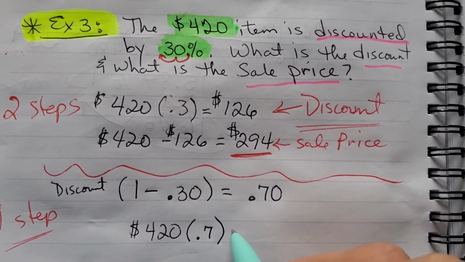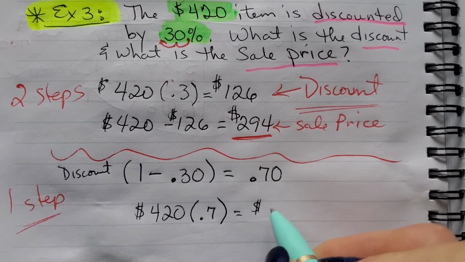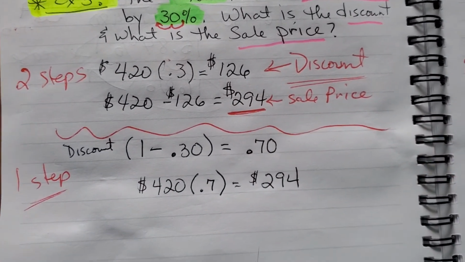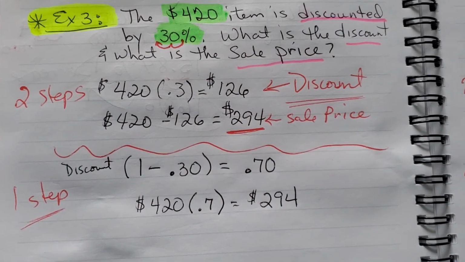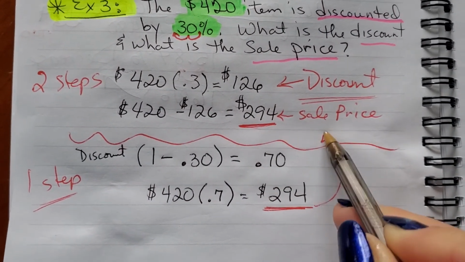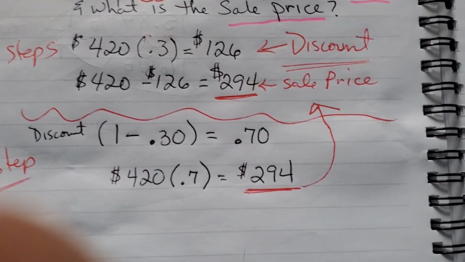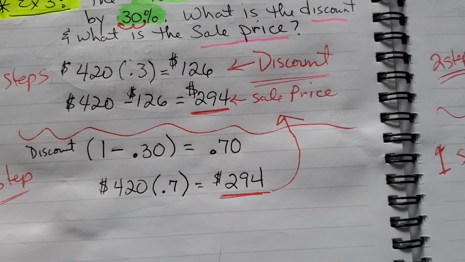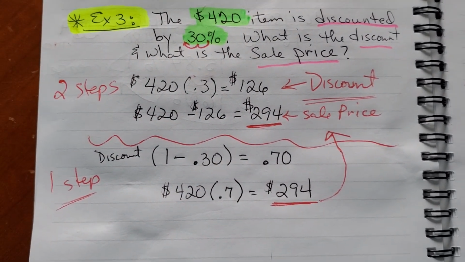And guess what? That takes us right to the amount of the cost of the new sale price. So again, you can see we can get to the same answer in just 1 step if we do the subtraction of the discounted percentage first.